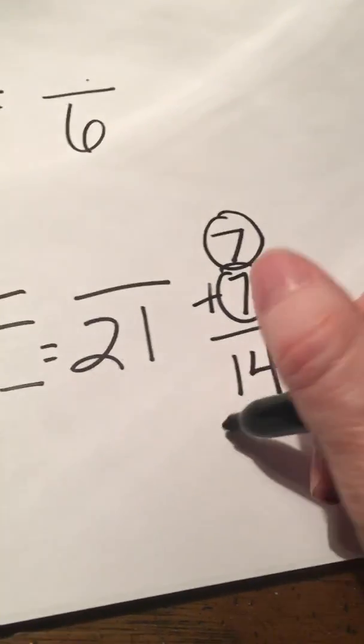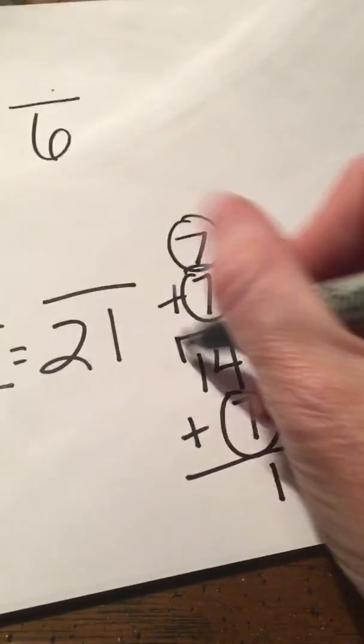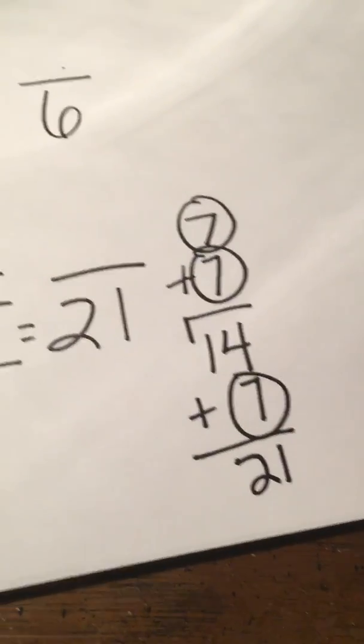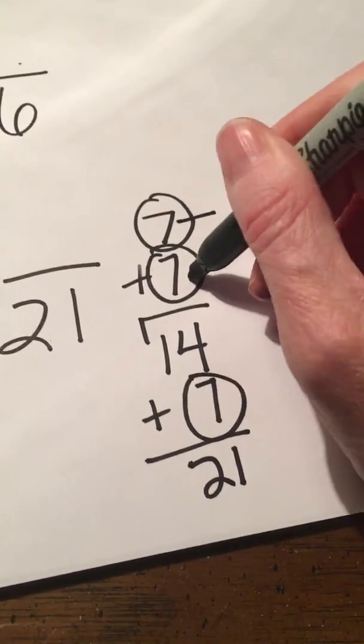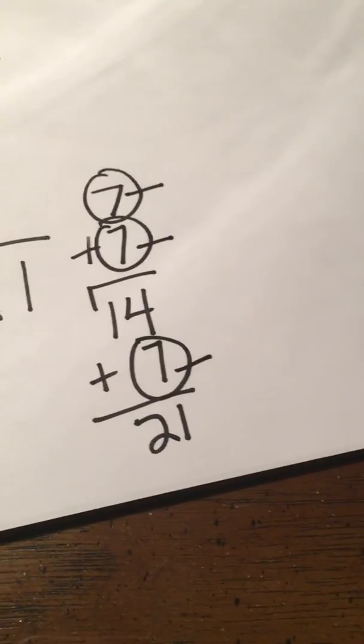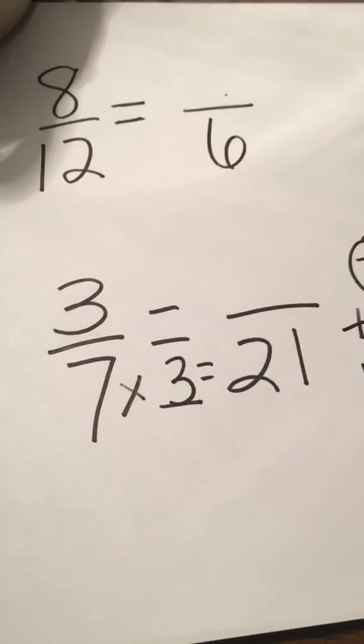Well, I'm not there yet, so I'm going to add another 7, circle it. 14 plus 7 is 21. So now I can just count my groups of 7. 1, 2, 3. I have 3 groups of 7. So 7 times 3 equals 21.